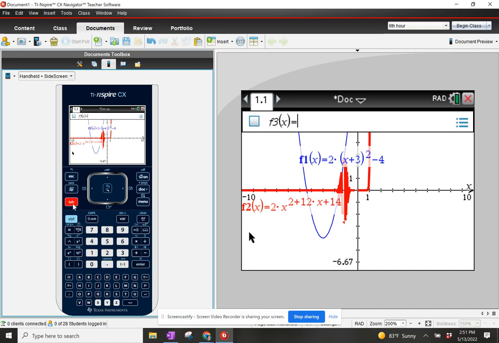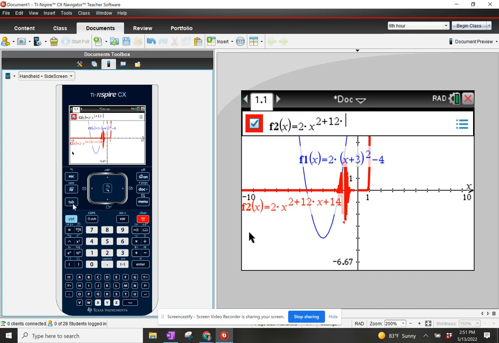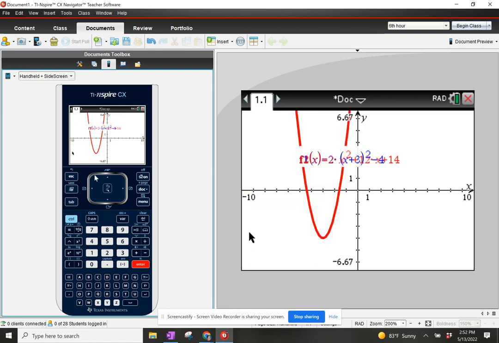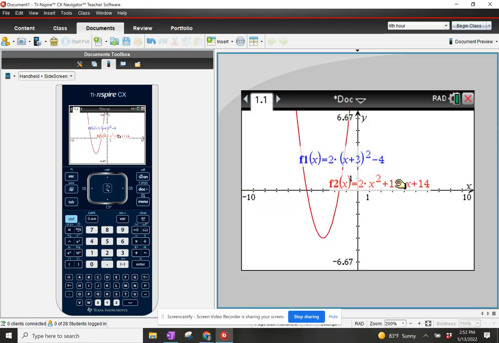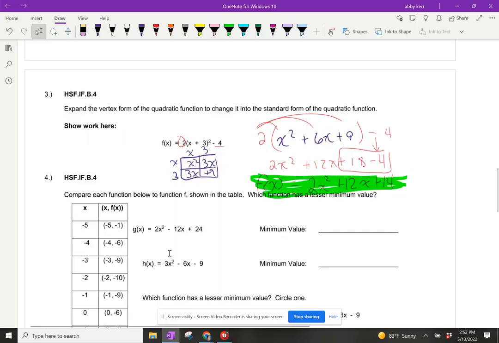Oh, sorry. You want to make sure that you move the cursor down. So then the 12x plus 14 is on the bottom. There you go. So my blue and my red overlap. So that's how I know that I did that one correctly.